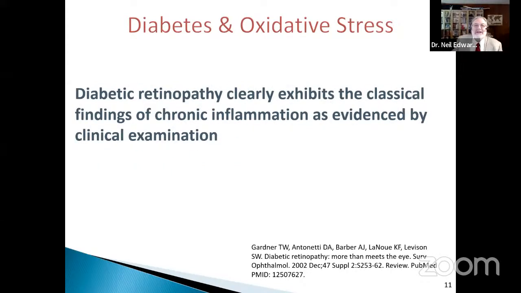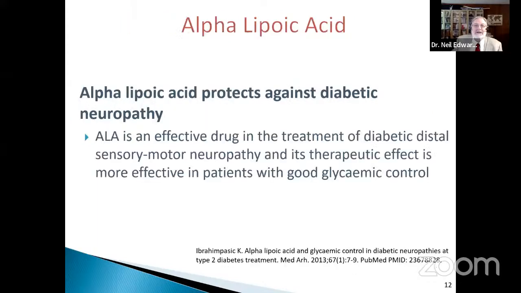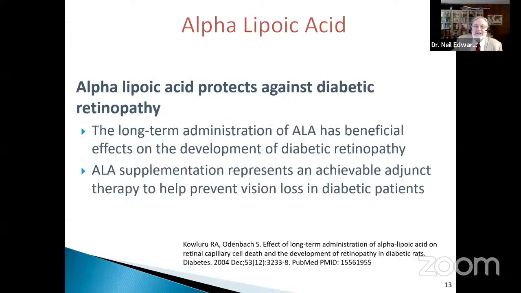Diabetic retinopathy is clearly an inflammatory disease, and alpha lipoic acid protects against diabetic neuropathy. It's considered an effective drug against certain forms of neuropathy, and it works better in patients that have good control of their sugar, good glycemic control.